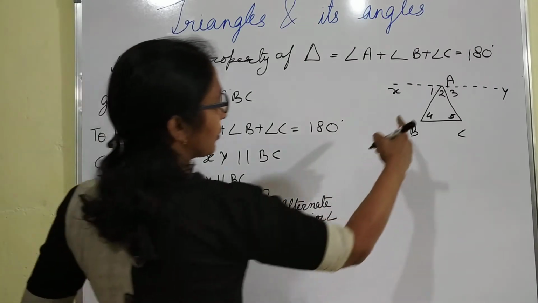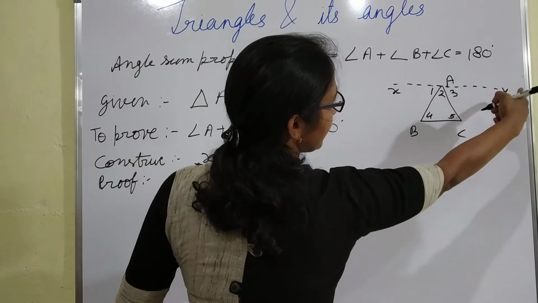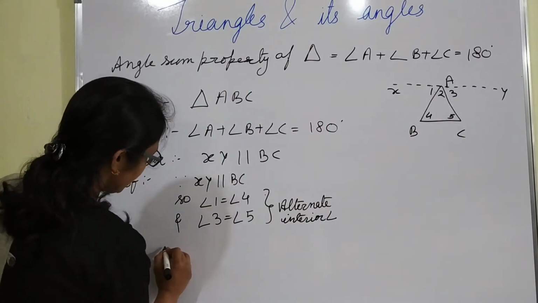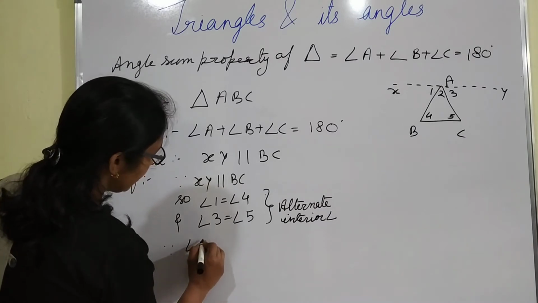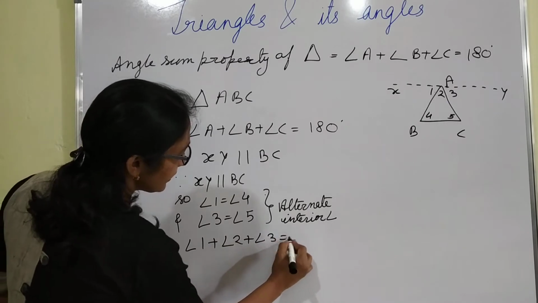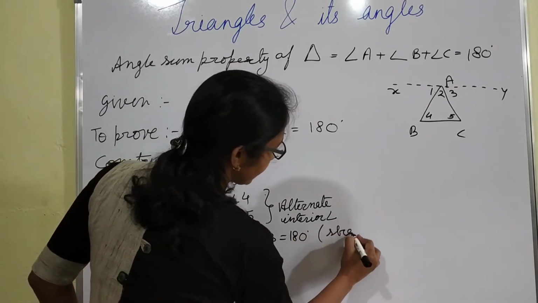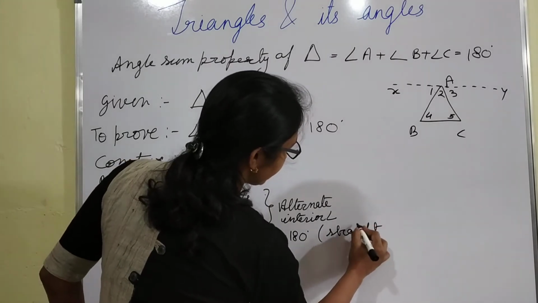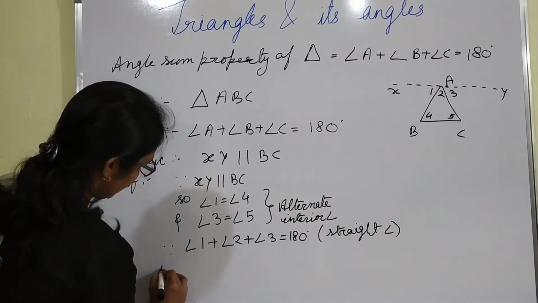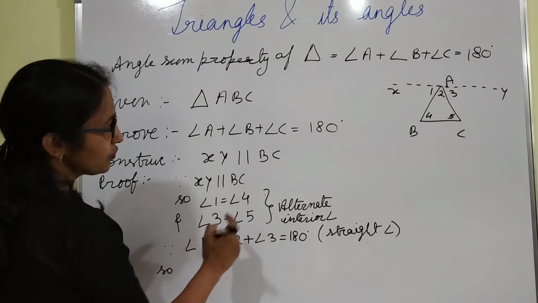So now since angle 1 plus angle 2 plus angle 3 equals to 180 degree, it is straight angle. So angle 1 equals to 4, 3 equals to 5.